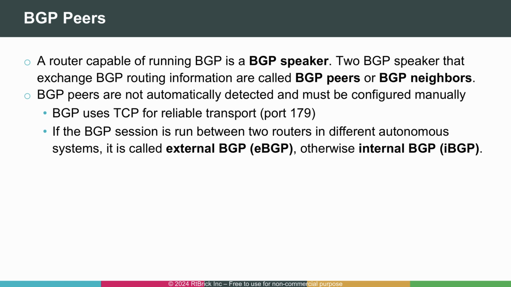For example, as an eBGP neighbor is outside the local AS and there is no IGP running between two different autonomous systems, eBGP peers are usually directly connected, and the IP-TTL value of the BGP messages is set to 1. Within an autonomous system, there is an IGP running. Thus, iBGP peers do not have to be directly connected and IP-TTL value of BGP messages are set to 255.